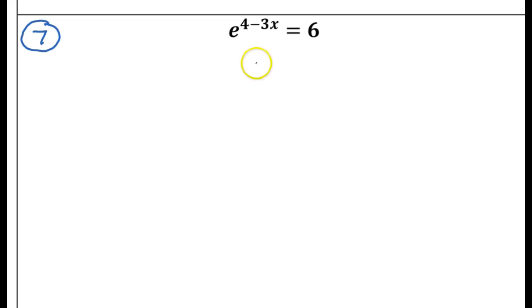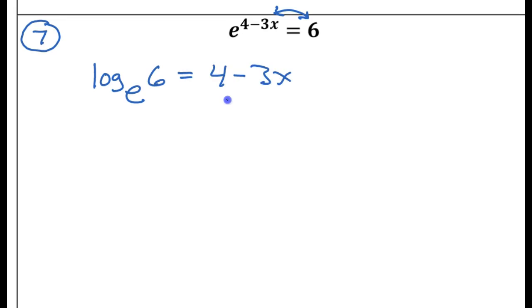All right, number 7, base e. Now, if I were less educated than I am, as I try to write this in log form, I would write log base e, and then I would switch these two parts of the expression around. So I'd have log base e of 6 is equal to 4 minus 3x.